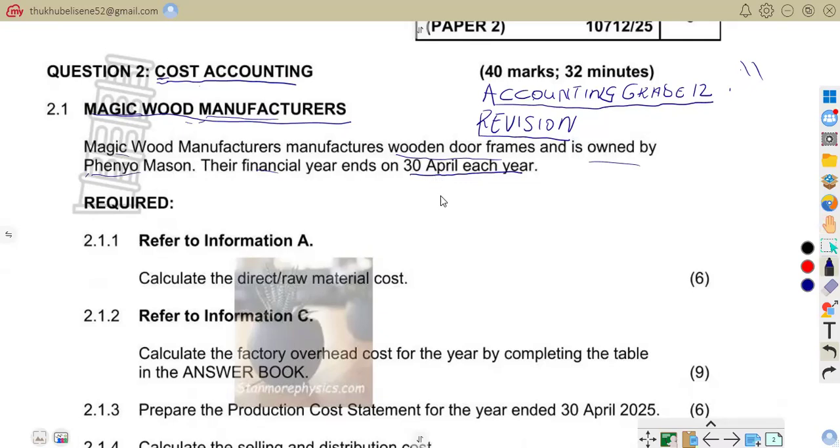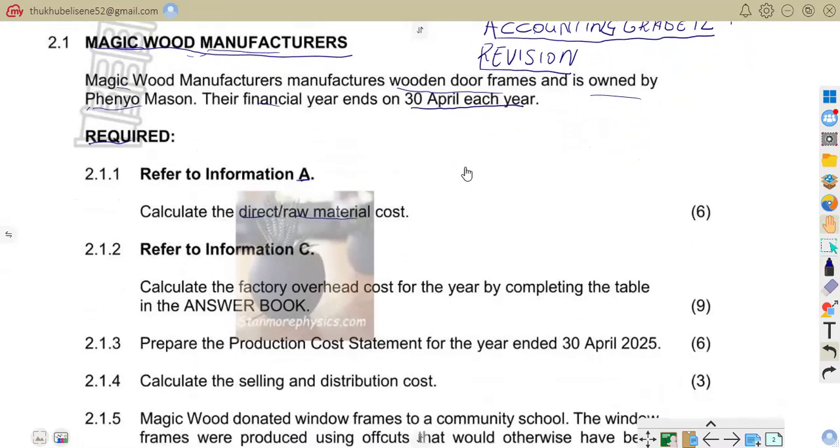That is very important that we take into consideration the year end. So our financial year ends on 30 April each year. So required now, 2.1 says, refer to information A and calculate direct or raw material costs.